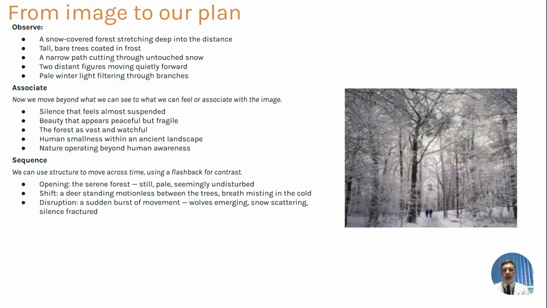Okay, that's an interesting idea. And then I want something exciting, something that opens up some movement and descriptive possibility. So that burst of movement: wolves coming out, snow scattering, deer tries to get away, wolves attack, kill the deer.